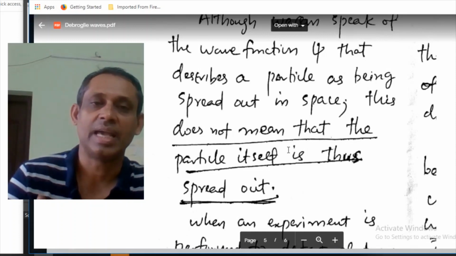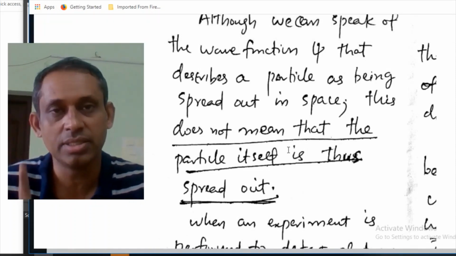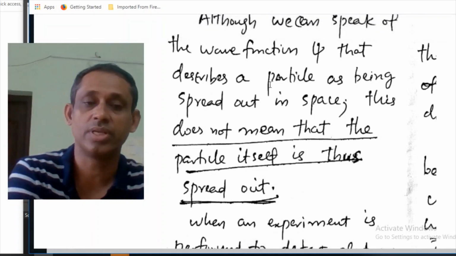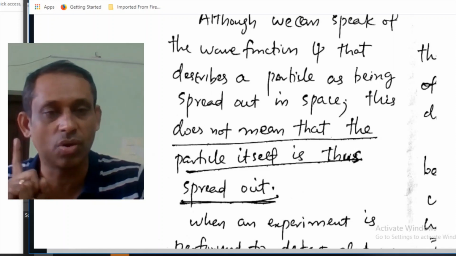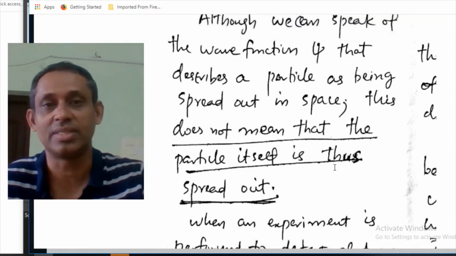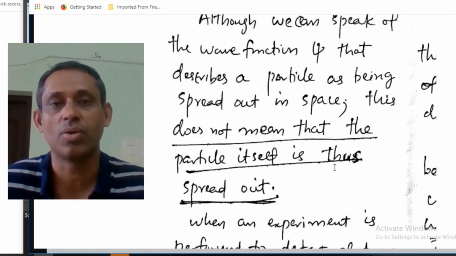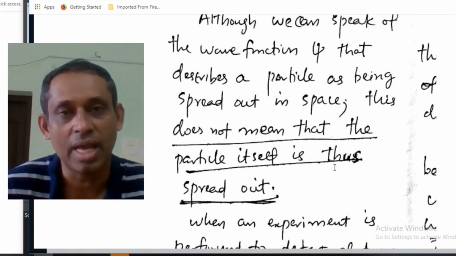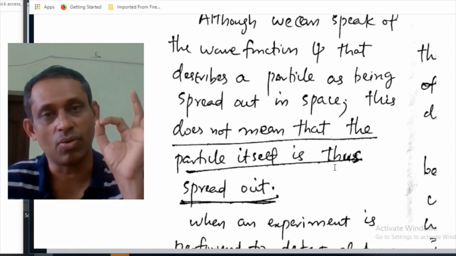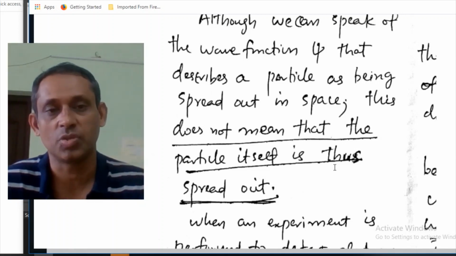So if a wave is associated with an electron, that does not mean that the electron is spread out in space. Only the wave associated with the electron is spread out in space.